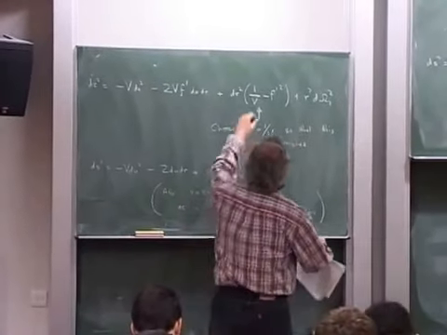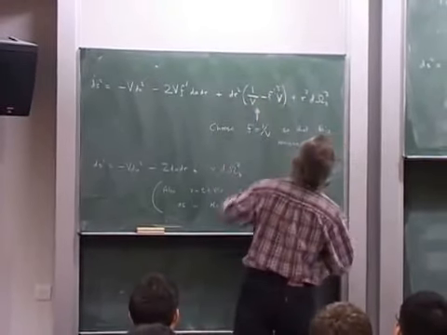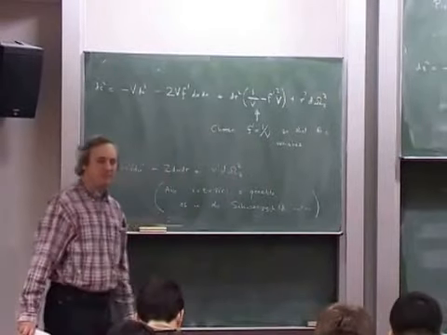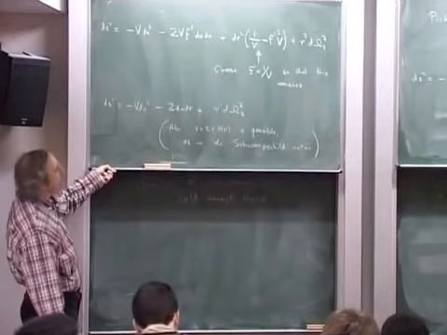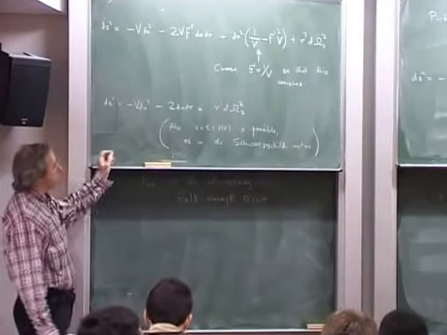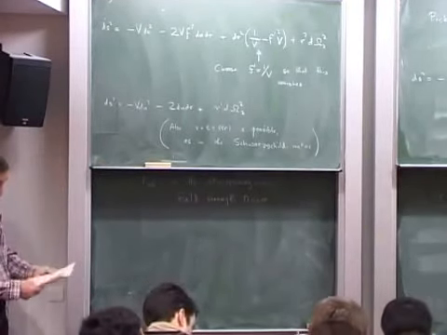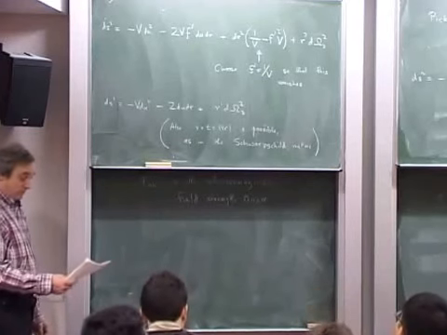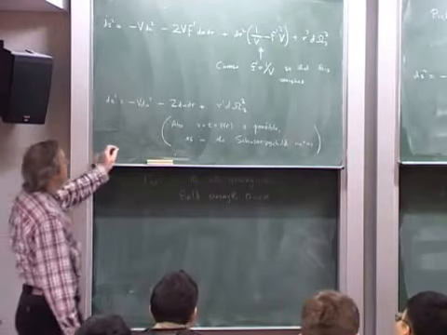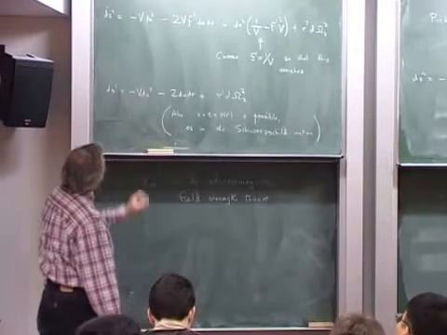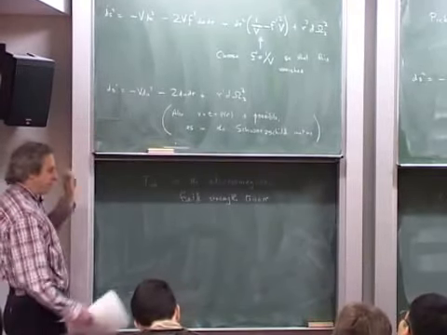The v f prime squared. Is that right? Yes, that is right. So that's the answer. So this is the form of the metric.